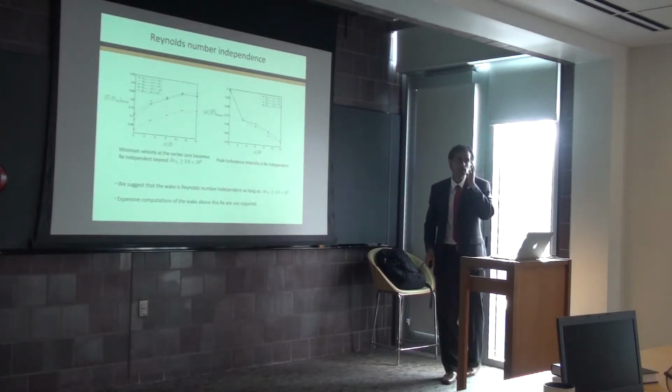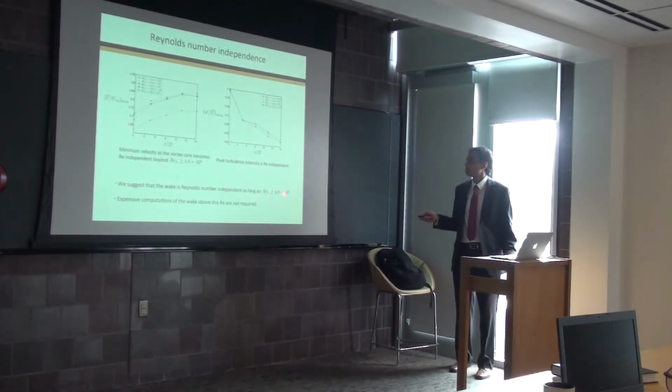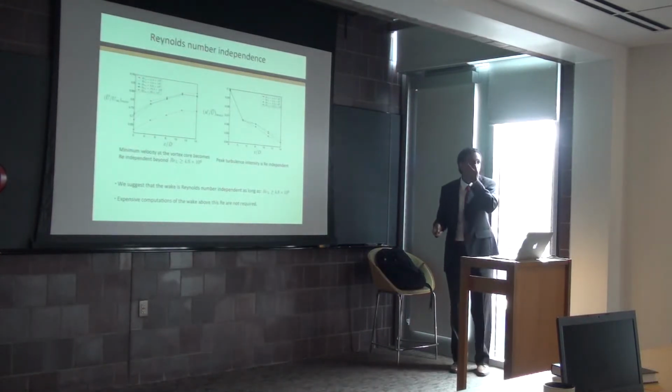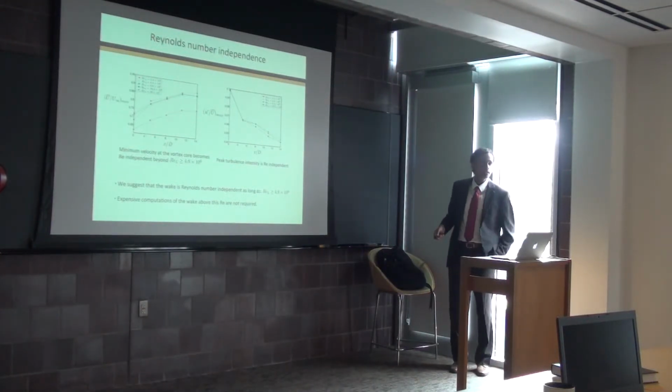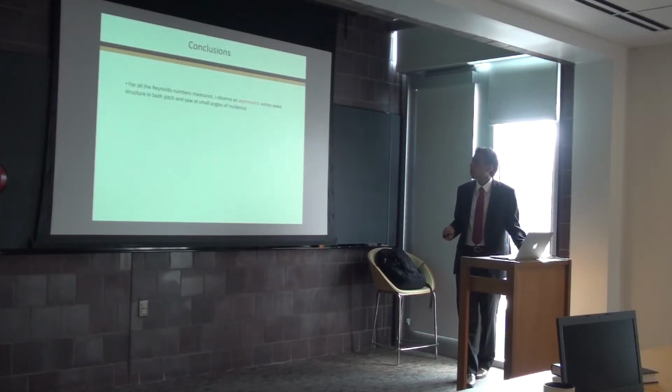And so we suggest that this wake is Reynolds number independent as long as the Reynolds number based on the length is larger than 4.8 million. We hope that we have made our computational colleagues a little bit happy with this piece of news, because it means that expensive computations of this wake above this Reynolds number, we suggest, are no longer required.